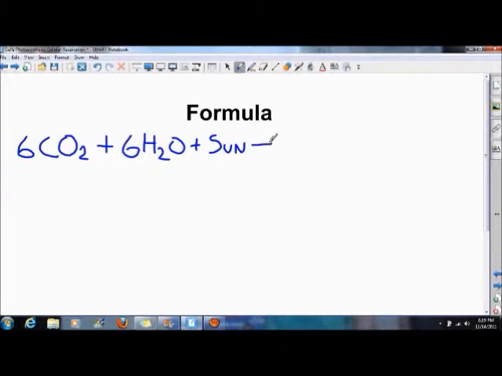And that is going to equal, or yield, which is this arrow sign, sugar, which is glucose, remember, C6H12O6, and as a byproduct, it also puts out oxygen, so plus 6 O2, 6 oxygens. That is the formula for photosynthesis.